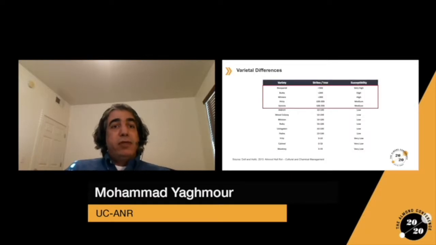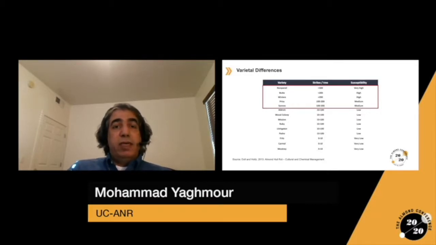When we are also looking at varietal differences, it's important to know that Nonpareil, which in many areas here in California can be 50% of certain orchards, is very susceptible, so protecting this variety is very important. Other highly susceptible varieties are Butte and Winters.